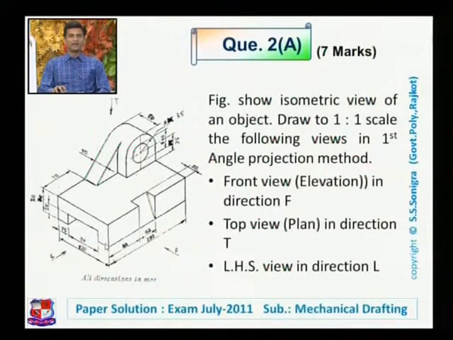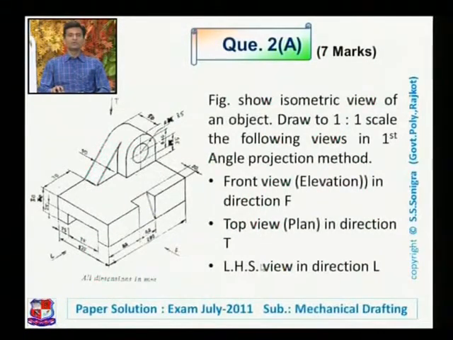Similarly, in the top view, the height would be this dimension, that is 125 millimeter. In the side view also, the width would be 125 and the height would be 50 plus 30 plus 35 plus 35, that is 70 plus 50, 120 would be the height.